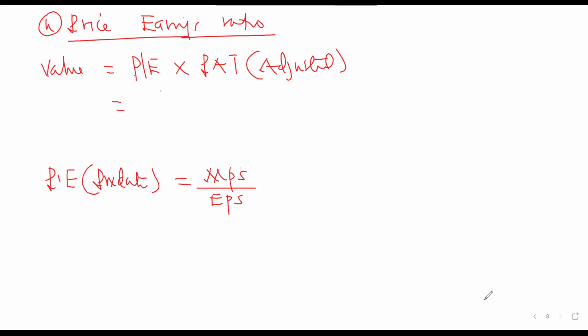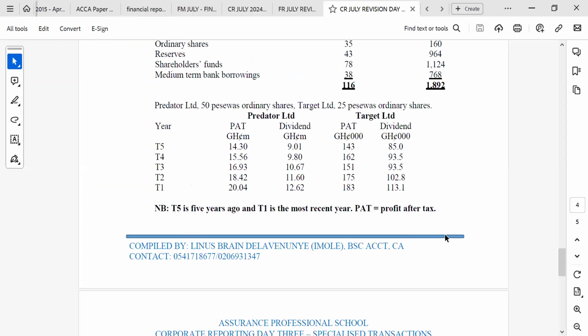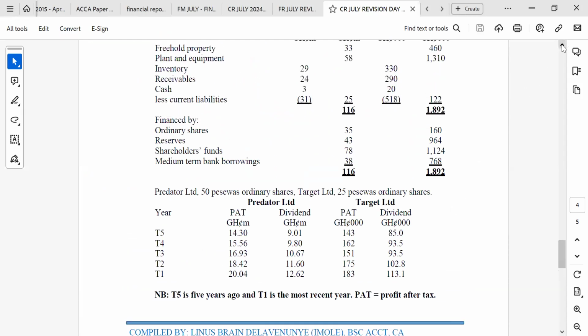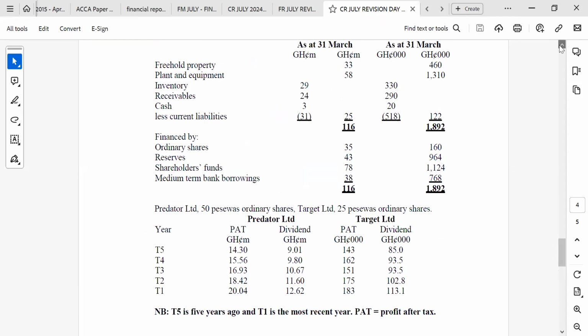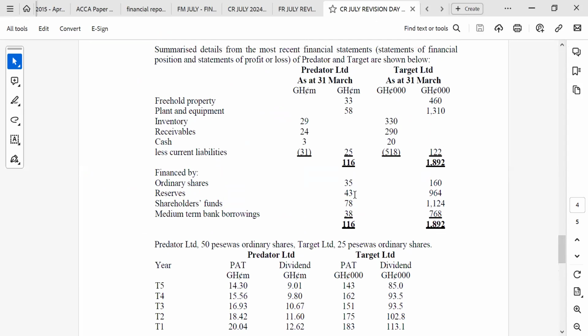Okay, let's calculate the earnings per share for them. That will also be too long. What I will do is, can we find the number of shares for pre-data? Their shares are trading at 50 pesos, and their value of the shares is 35 million.